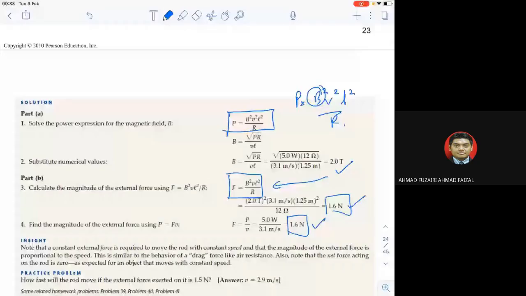So in this part of the chapter, you do mechanical work in order to get electrical energy. These are the applications of the induced EMF: generators and also motors.